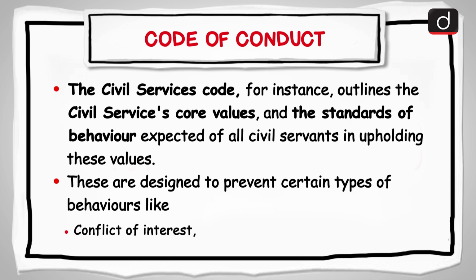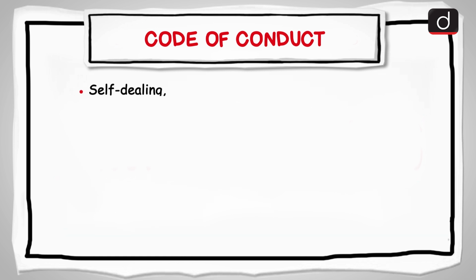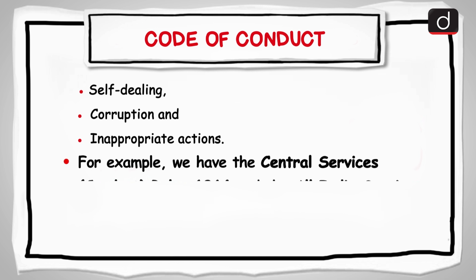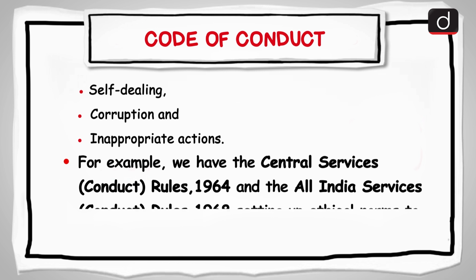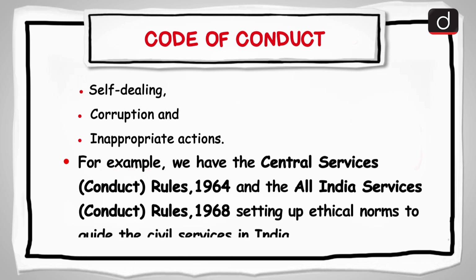These are designed to prevent certain types of behaviors like conflict of interest, self-dealing, corruption, and inappropriate actions. For example, we have the Central Services Conduct Rules 1964 and the All India Services Conduct Rules 1968, setting up ethical norms to guide the civil services in India.